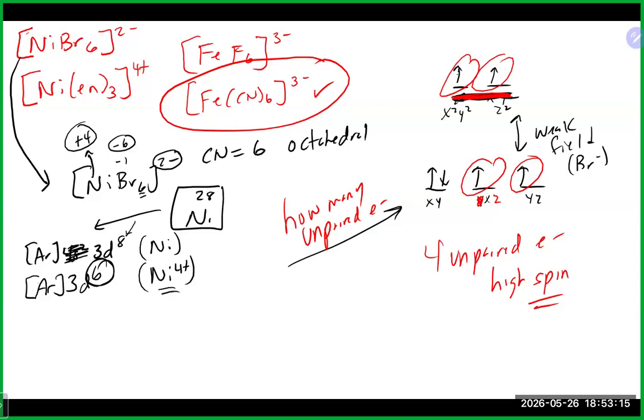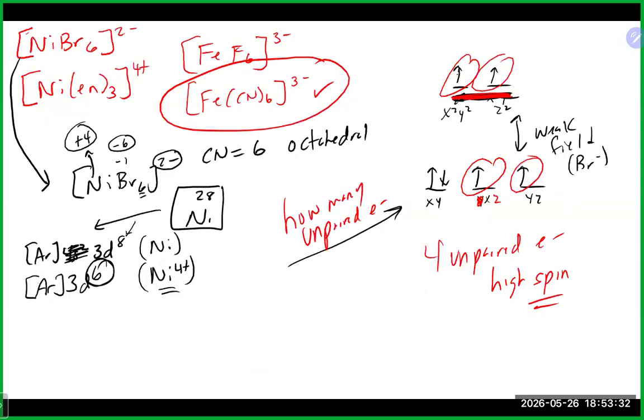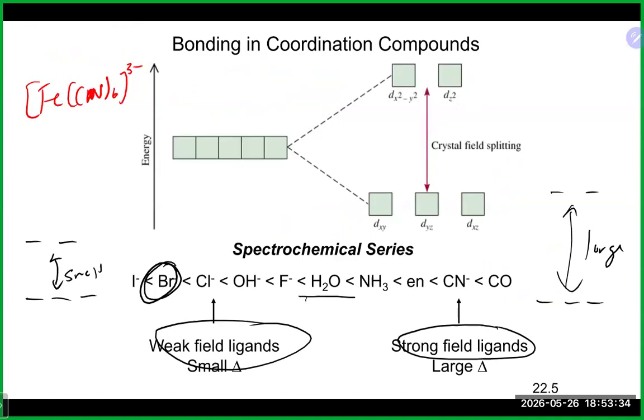All right, let's take a look since we're getting to the end here, just to finish up this chapter. Let's take a look at this one, which was FeCN6 and -3, I believe. And obviously here again, we have cyanide, which is monodentate, and that is 6 of them.